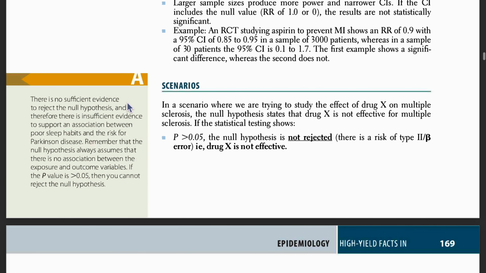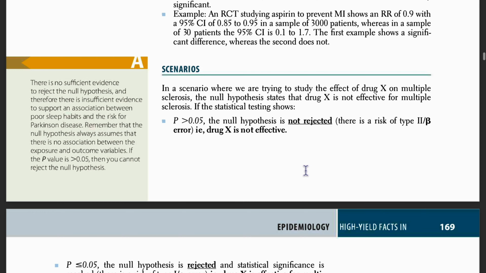There is no sufficient evidence to reject the null hypothesis, and therefore there is insufficient evidence to support an association between poor sleep habits and the risk for Parkinson's disease. Remember that the null hypothesis always assumes that there is no association between the exposure and outcome variable. If the p-value is more than 0.05, then you cannot reject the null hypothesis.